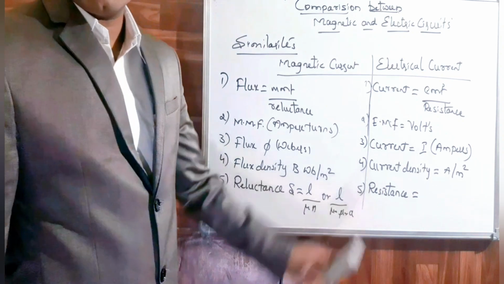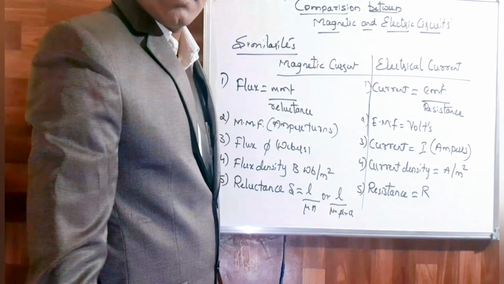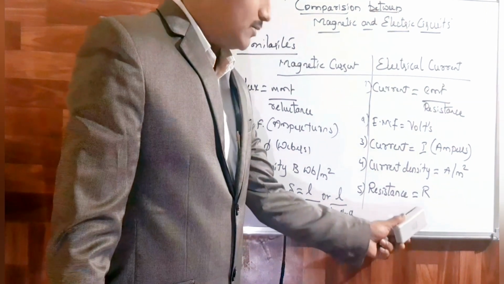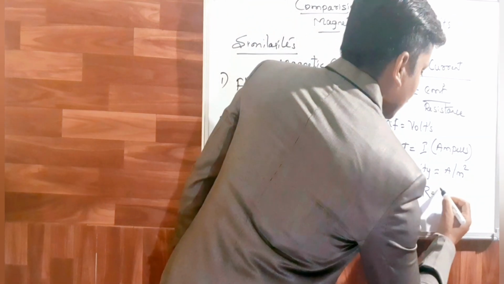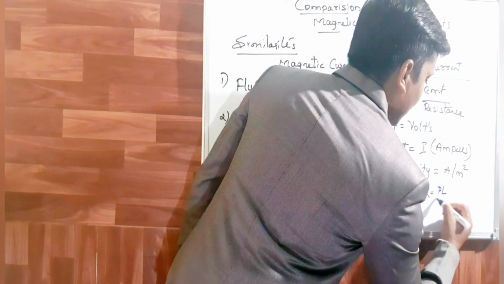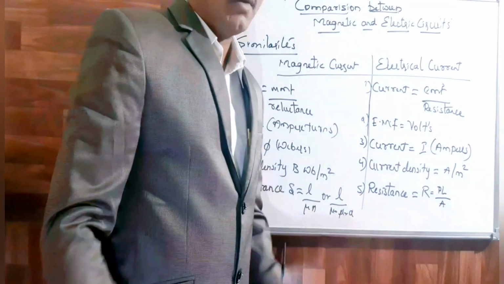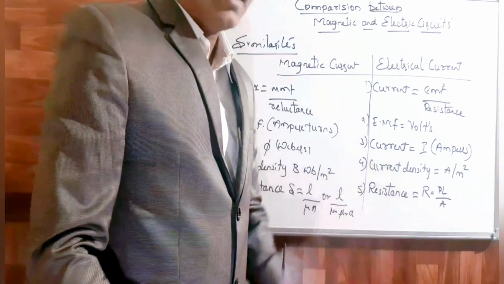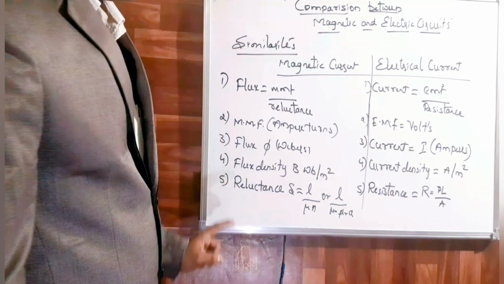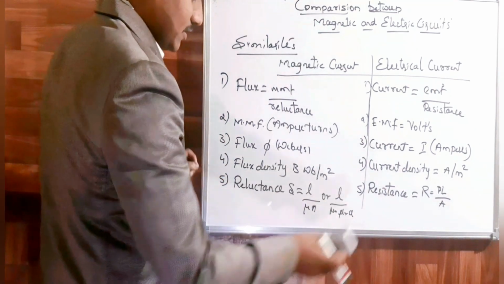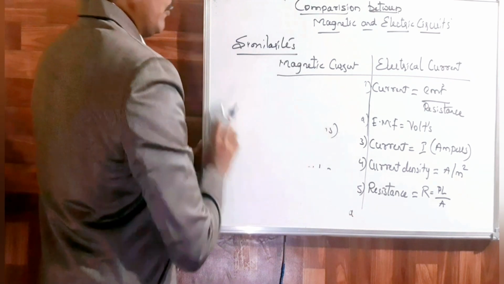The letter R denotes the resistance, and resistance equals rho L upon A. That is the formula for calculating the resistance. So these are the five points, and let us discuss a few more points now.